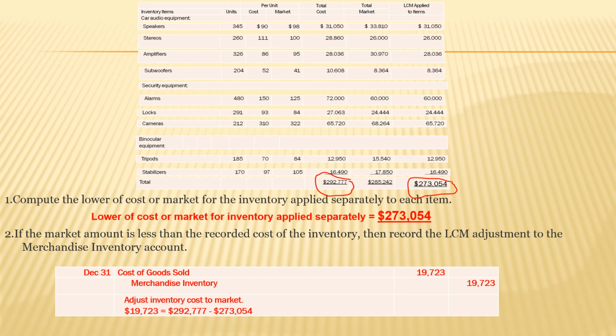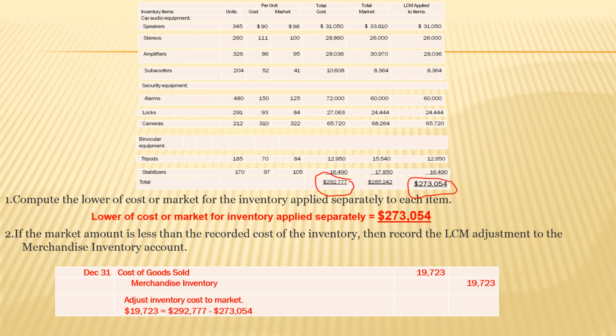The difference between these two numbers is the number that I'm going to insert here in the entry, 19,723. Again, for the LCM adjustment entry, I just debit the COGS, I increase the cost of goods sold. This happens when the market amount is less than the cost.